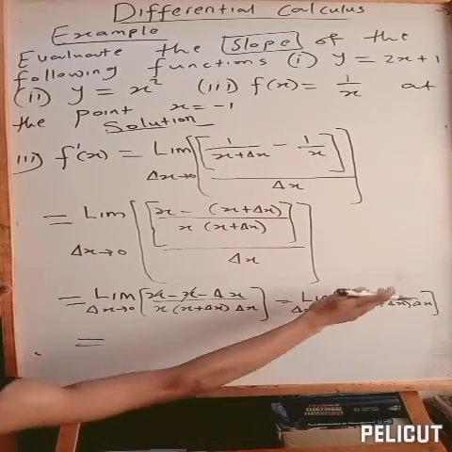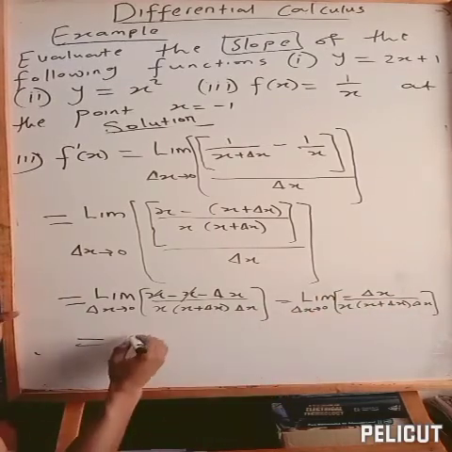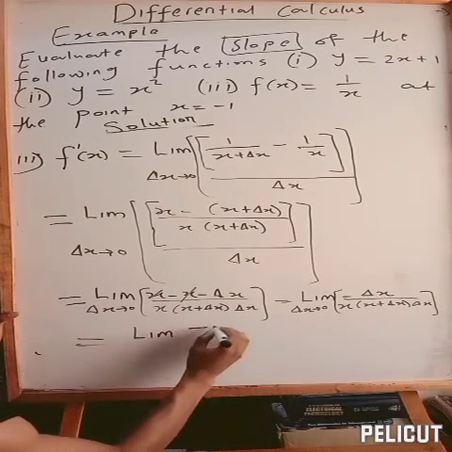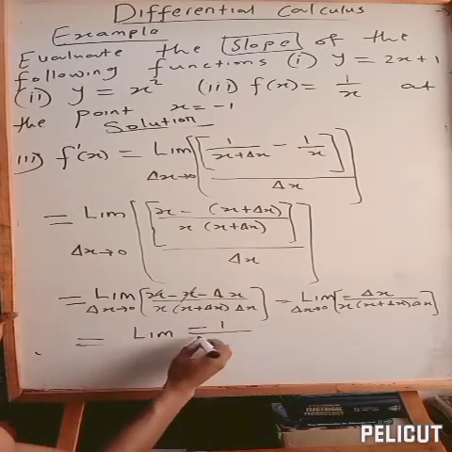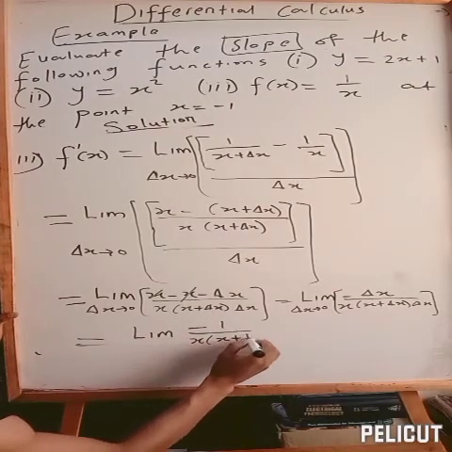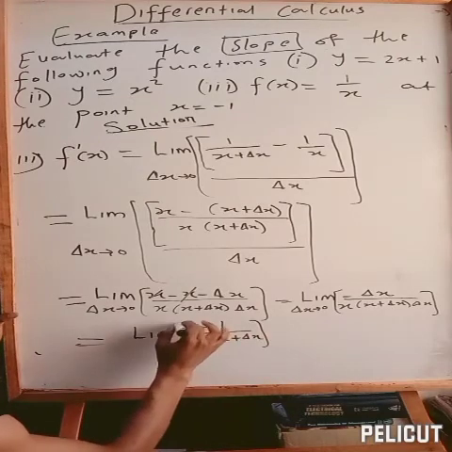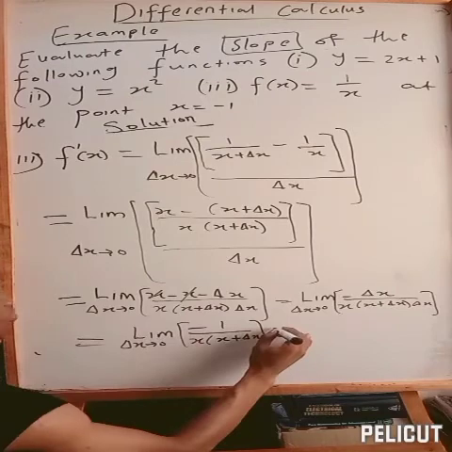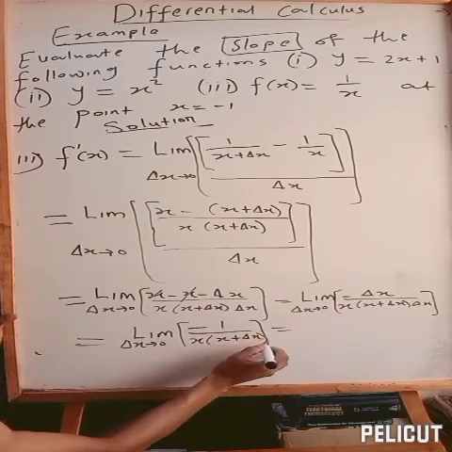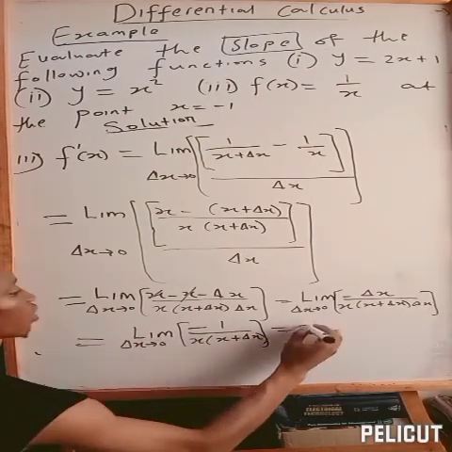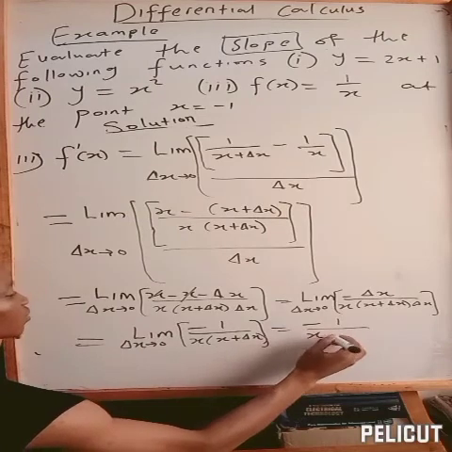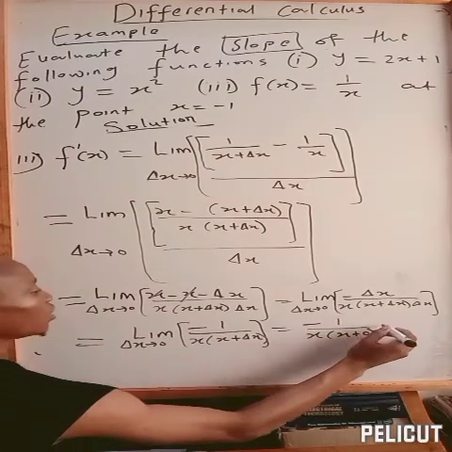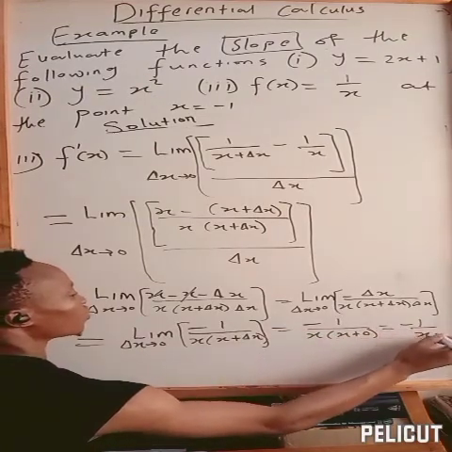So this Δx and this Δx cancel, and that will be the limit of minus 1 divided by x times (x plus Δx) as Δx tends to 0. So if we replace this Δx with 0, we need to have minus 1 divided by x times (x plus 0), and it should be minus 1 over x squared.